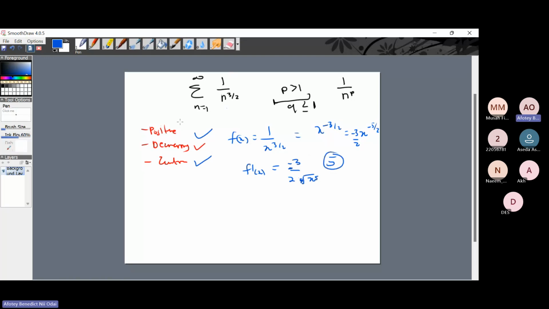Now we conclude again that from the relation 1 on n to the power p, since p, in this case 3 on 2, is greater than 1, the series is convergent.